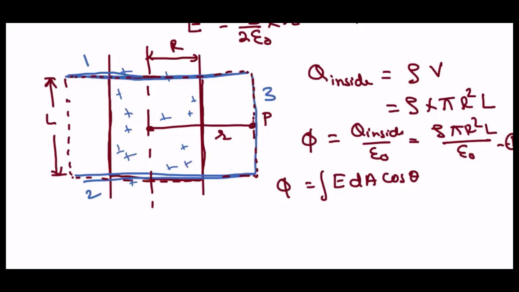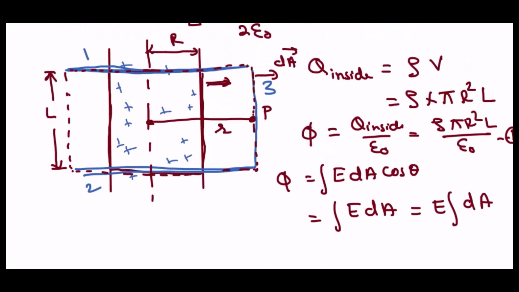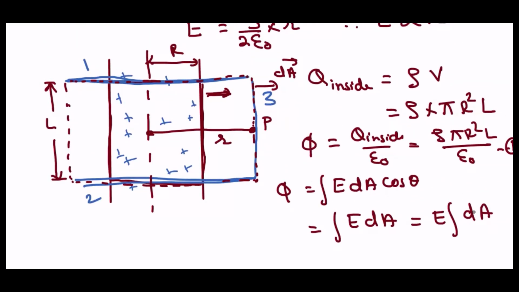So therefore in this equation I can take integration of E dA, because theta will be 0. The direction of the electric field is this, the direction of dA is also this, theta is 0, so cos 0 is 1. Integration of E dA, E is constant, so it is E integration of dA, because E is constant for the entire Gaussian surface. dA will give me the area of the total Gaussian surface.